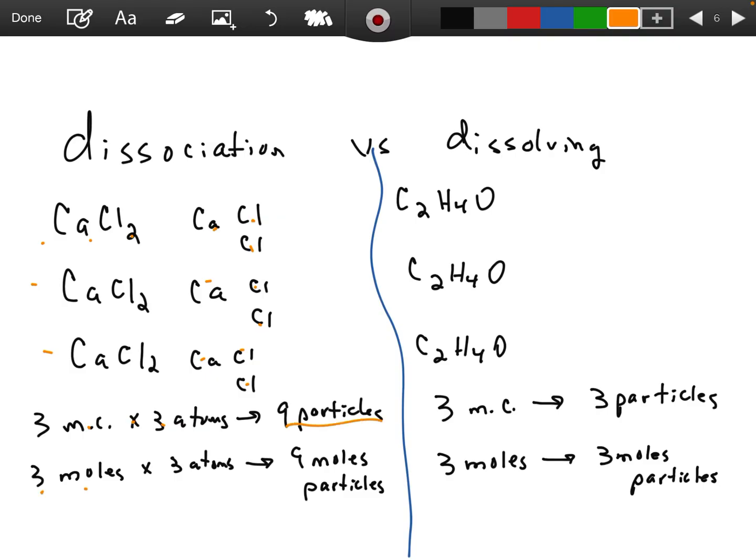If you had 3 gazillion molecules, 3 atoms each, you would get 9 gazillion particles. This is a different compound than sugar. I think that's an aldehyde. If you had 3 of these molecules, or 3 gazillion of them, they don't break apart. So when it's dissolved, you're still going to have 3 gazillion particles. And that's it.